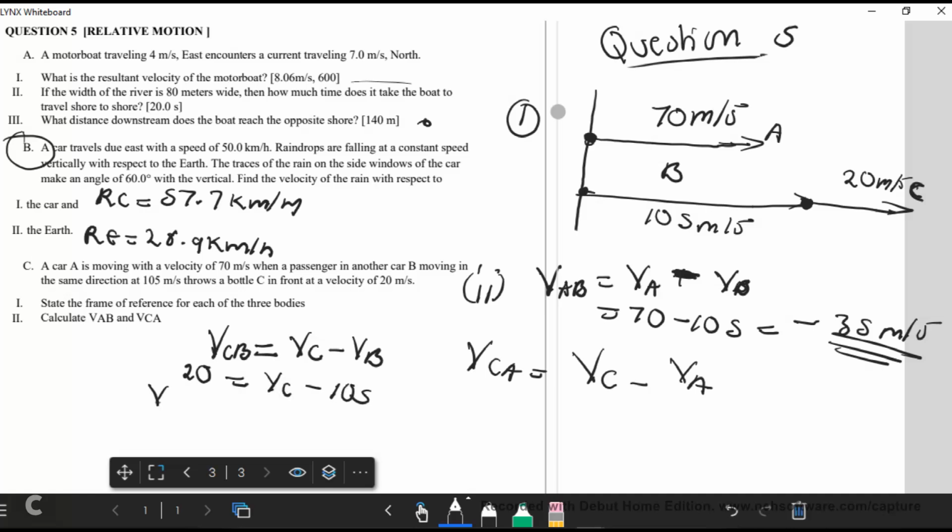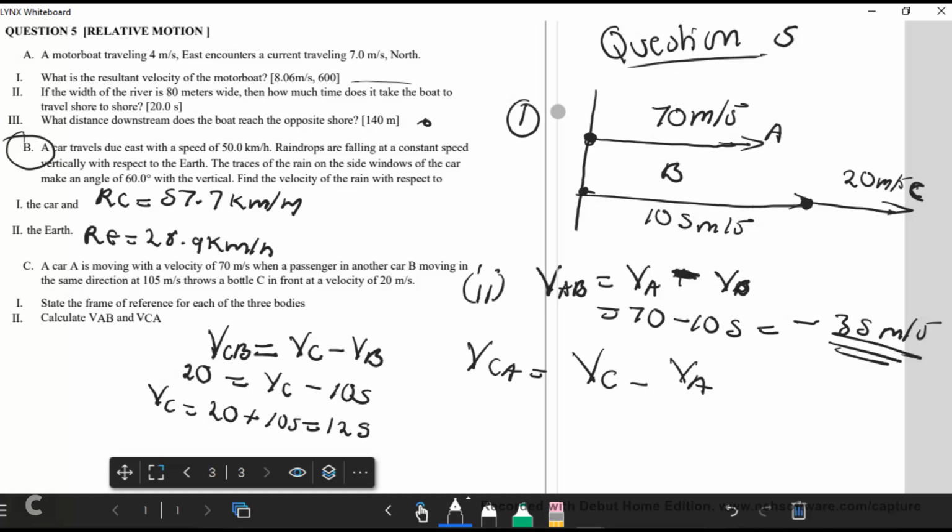So VC is equal to 20 plus 105, so 125. So your VC is 125.